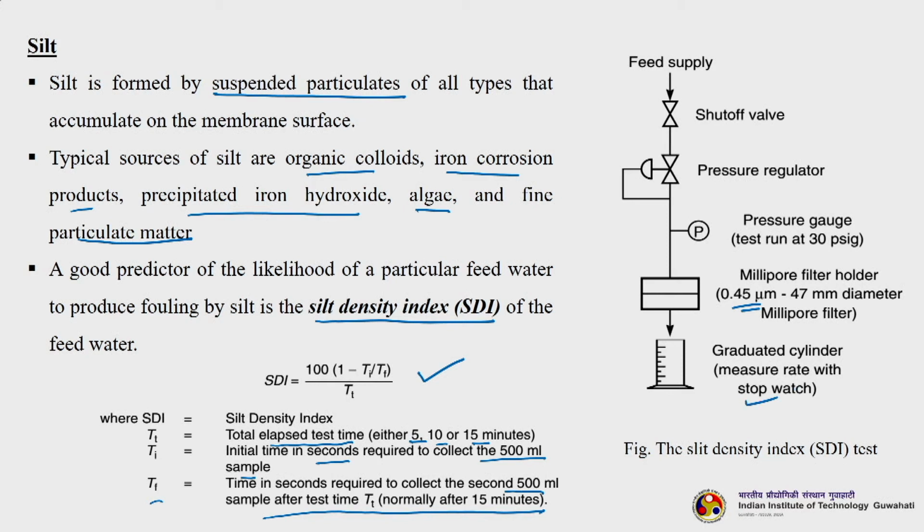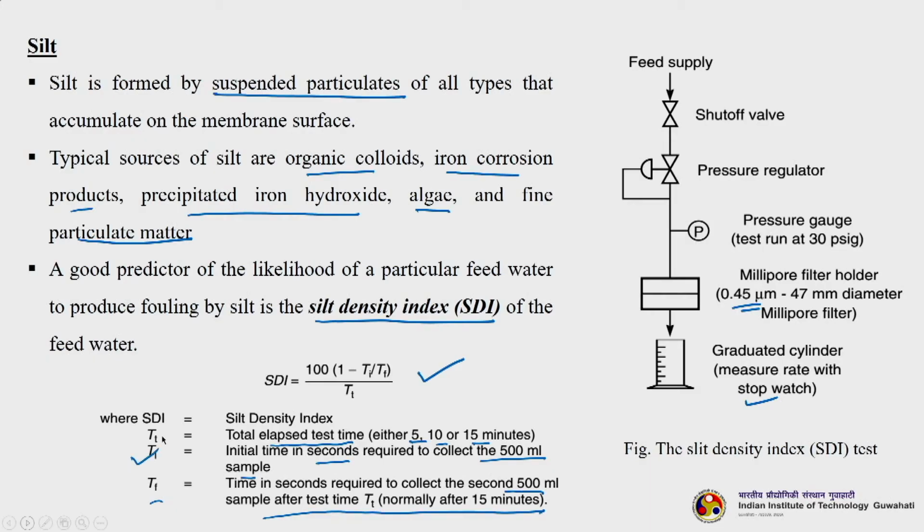So, how do you measure? First you start the time and count the time until you collect 500 ml of the initial sample. Whatever time it takes to collect the first 500 ml sample is called Ti.